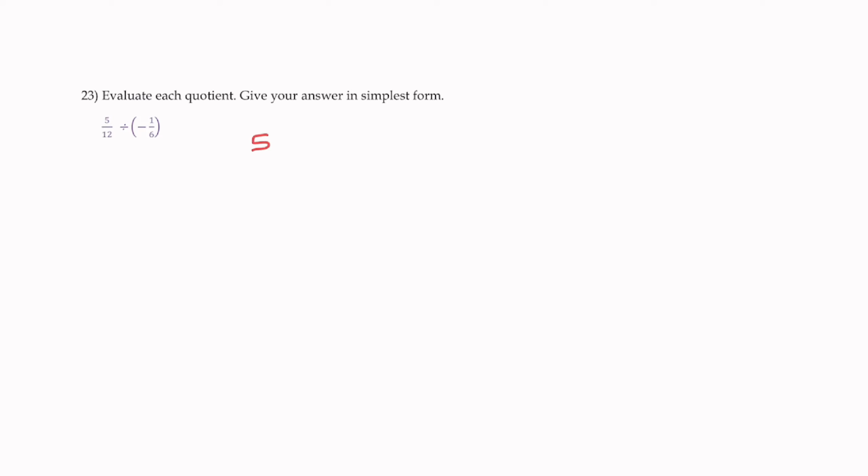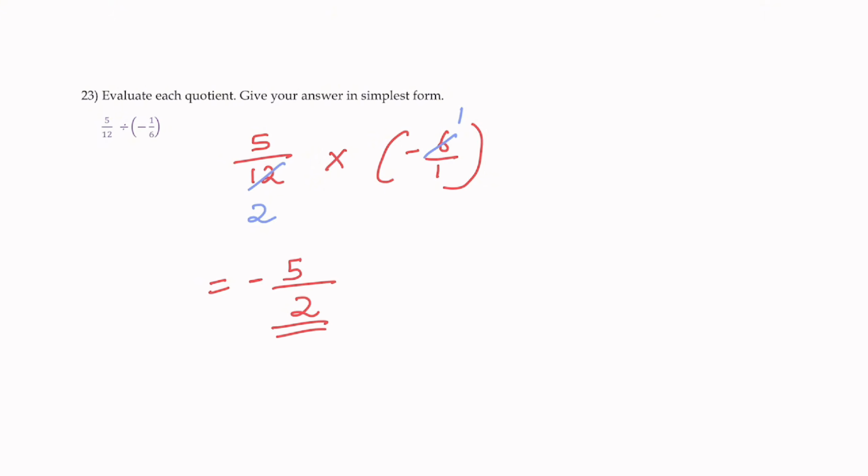Next, 5 over 12 times minus 6 over 1. 6 times 1, 6 times 2, which is 5 times 1 is 5 and 2 in the denominator and a minus sign. So it's basically 5 divided by 2, which is minus 2.5.